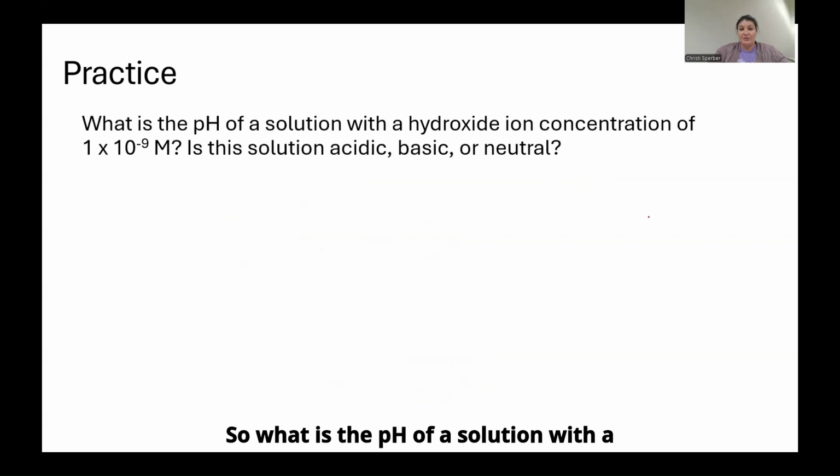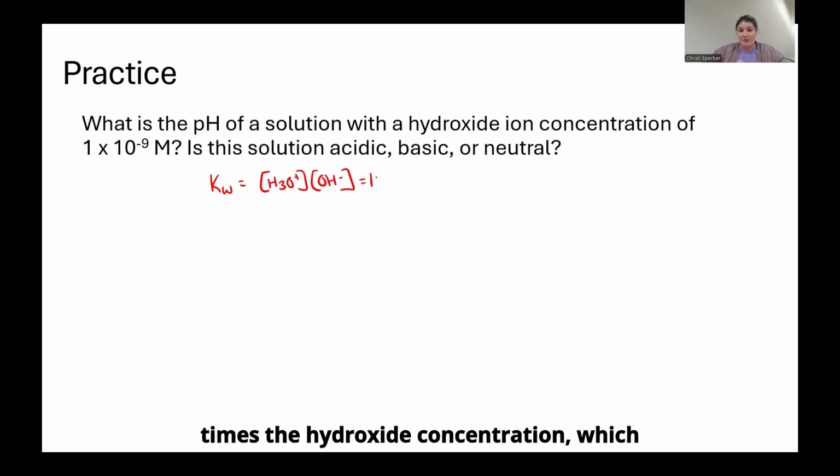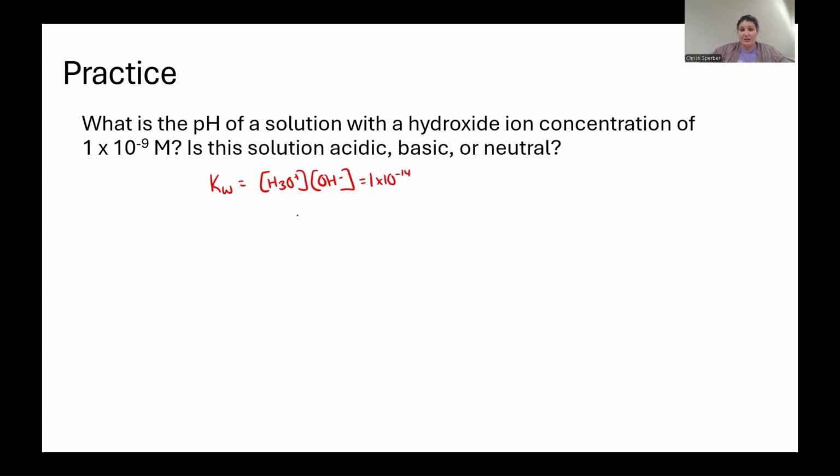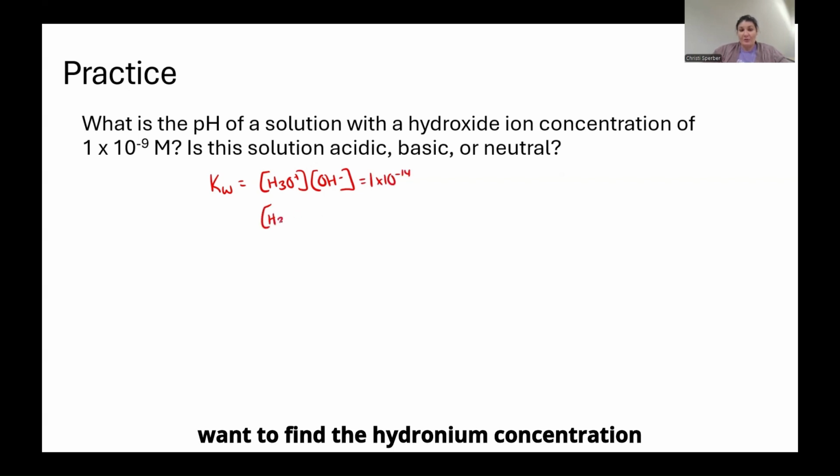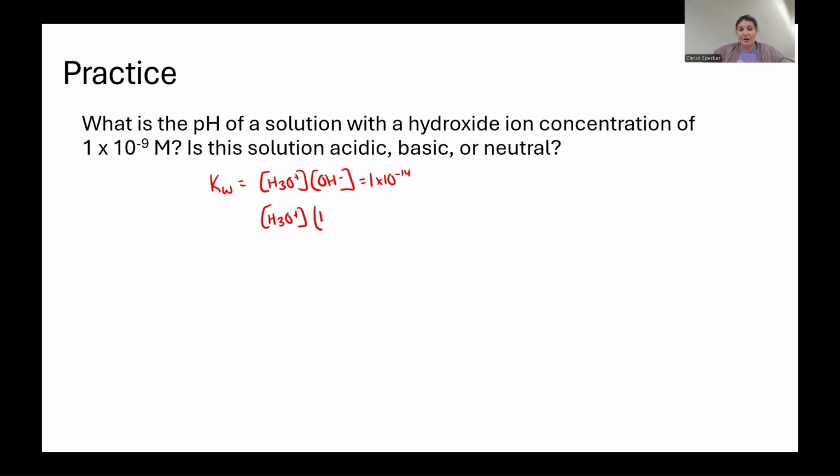So what is the pH of a solution with a hydroxide ion concentration of 1 times 10 to the negative 9th? So this is when we use our KW equation. So we have KW is equal to the hydronium ion concentration times the hydroxide concentration, which is 1 times 10 to the negative 14th. We want to find the hydronium concentration, so we're given 1 times 10 to the negative 9th.